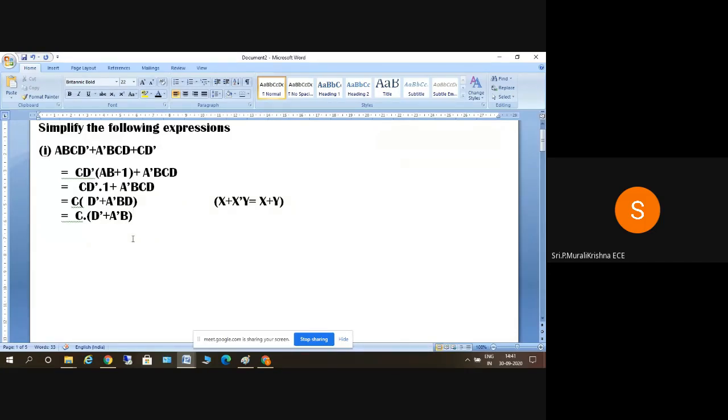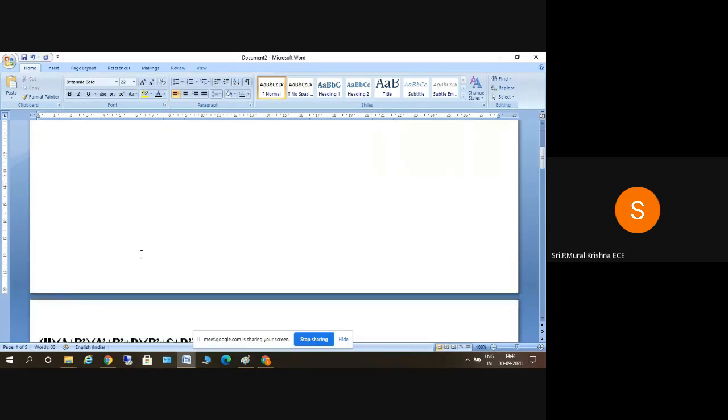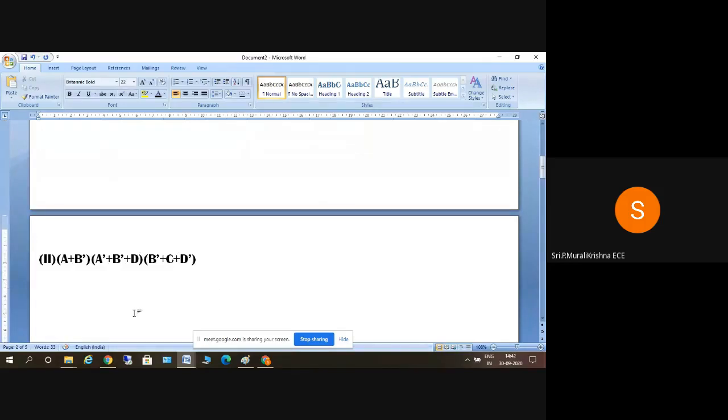We'll see the simplifications in the next part of the unit, where the simplifications will follow some standard rules, so there it will be very easy. But here we have to use the rules of simplification using the Boolean laws. For any expressions, you have to follow these methods here. So this is the first one. Now we'll go for the second one here.